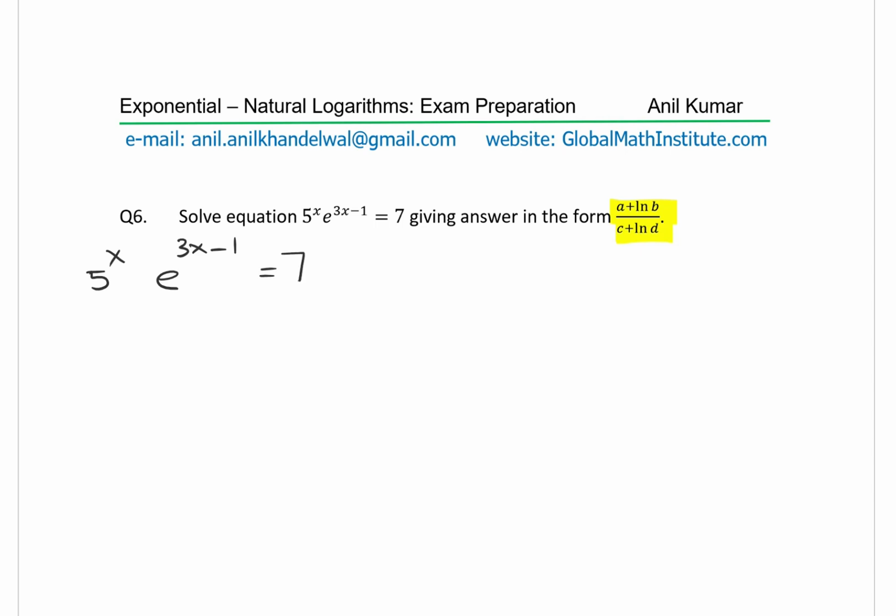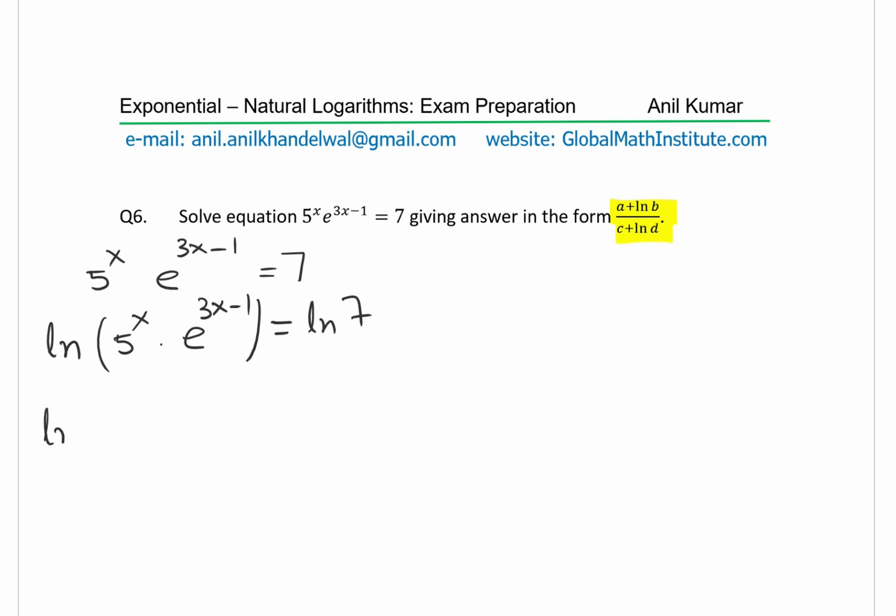Now we can actually take log both sides. So if I take log both sides, we get ln of 5 to the power of x times e to the power of 3x minus 1 equals ln 7. So here we can apply the sum rule.